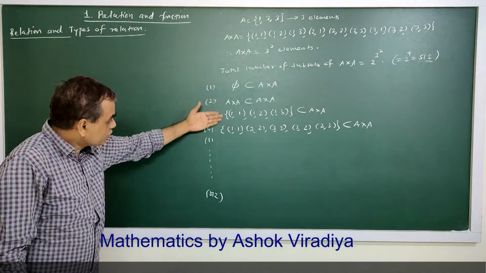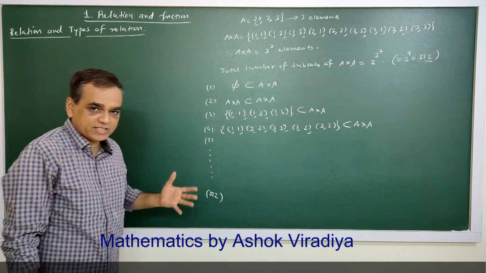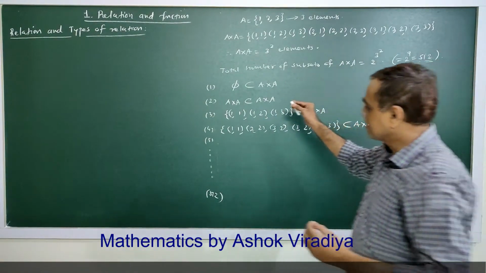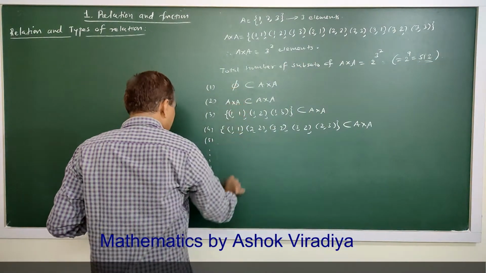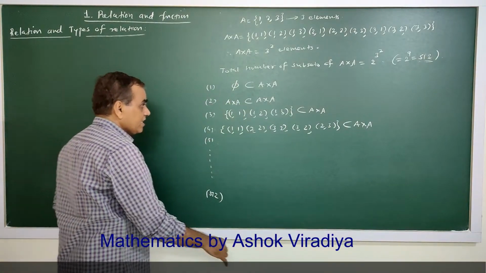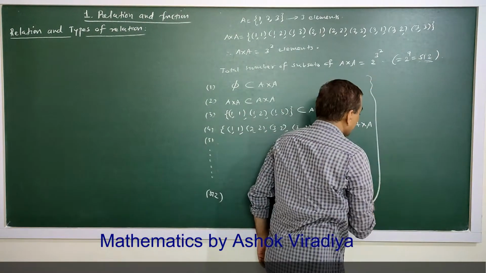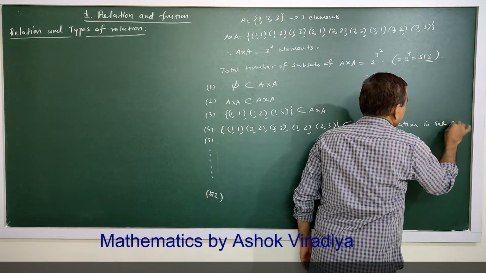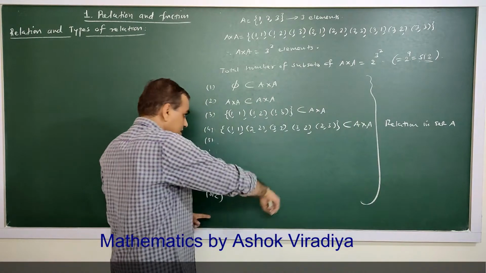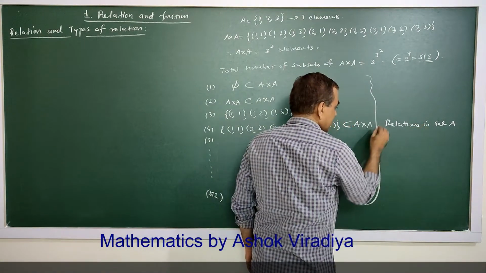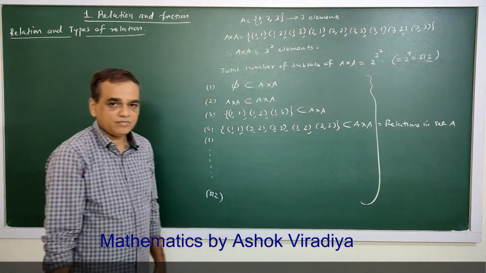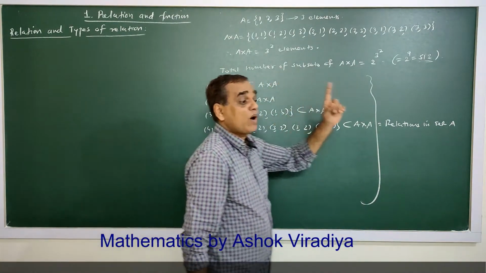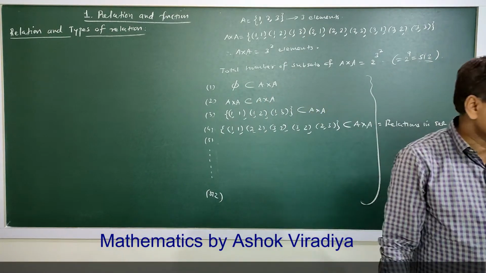So we can prepare a list of 512 subsets, and every subset of A cross A is said to be a relation in set A. So these all are relations in set A. So we have 512 relations in this set A.